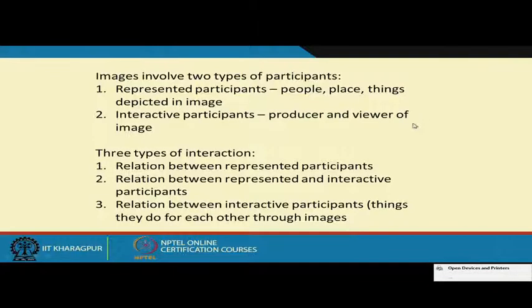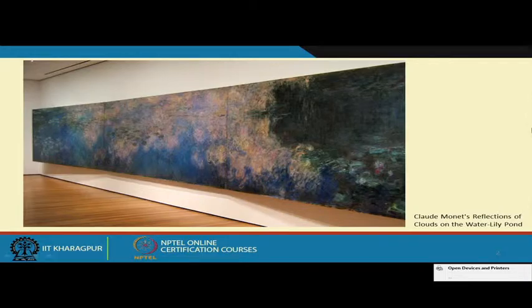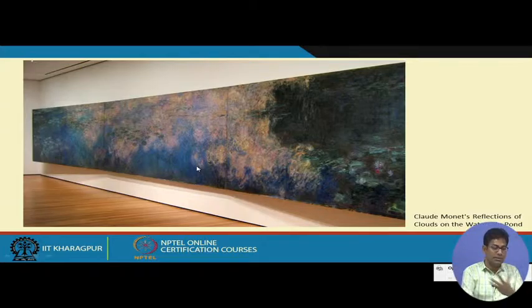So, now to put it this way, if we look at this painting again, here the represented participants are the place, the objects, the things that you see. They are the represented participants, they are participating with you in terms of a representation, whereas we have the producer or the communicator of this image, which is the artist Monet, and we have the viewer.